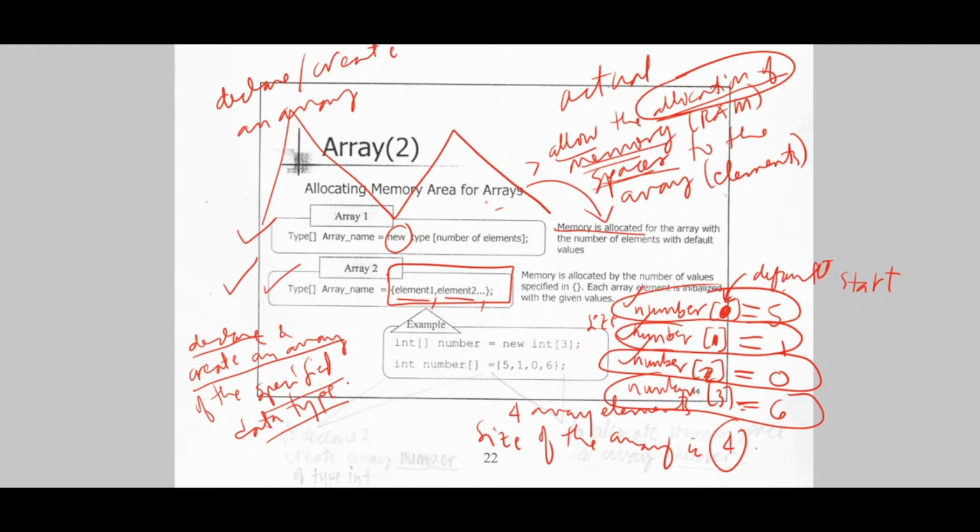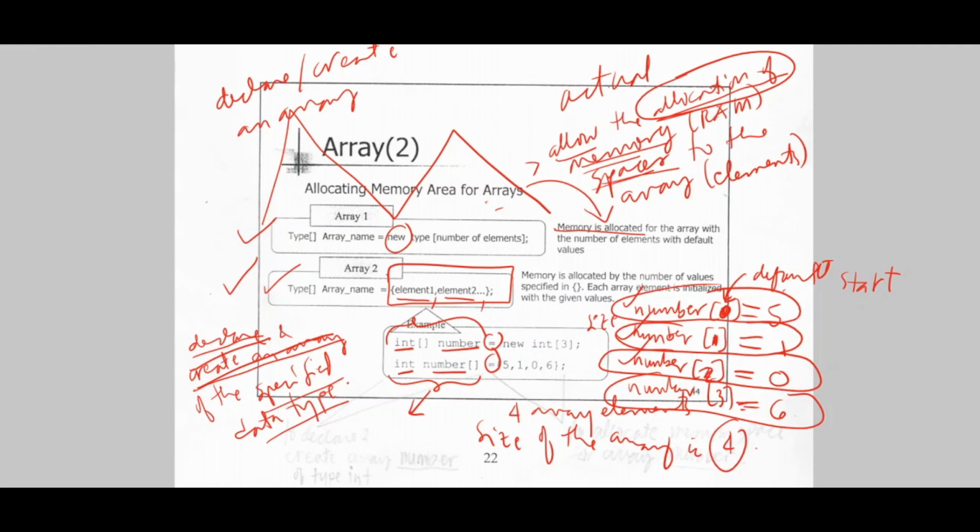Again, the left side of the assignment operator simply declares or creates an array with that name and that specified data type. The array is simply declared but not yet allocated memory spaces in the RAM.